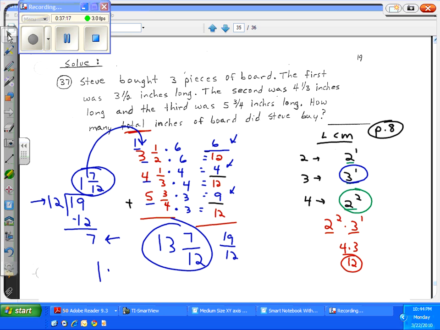So we could say 1 foot 1 and 7/12 inches. And a foot is a 1 ditto mark, and inches is a 2 ditto mark. And so we could say 1 foot 1 and 7/12 inches like that.